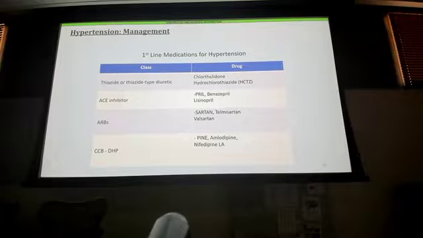All right, let's go ahead and get back to it. So before break, we talked about how we have 4 main groups of antihypertensives that are considered our primary or first-line agents. What does that mean?